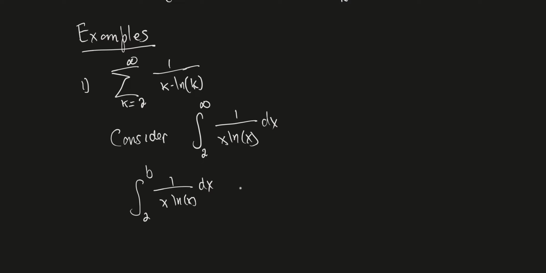We've established several techniques, and based on the 1 over x and the ln, I think a u-substitution would work here. Let's try to make u the natural log of x, because that will take care of the 1 over x dx. So then my du is 1 over x dx.